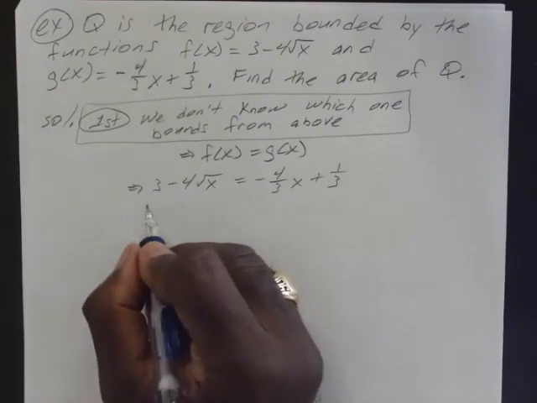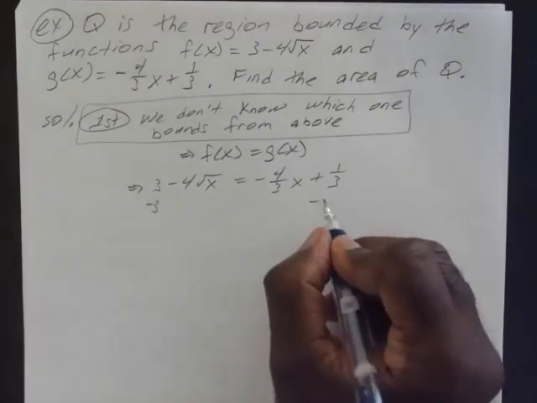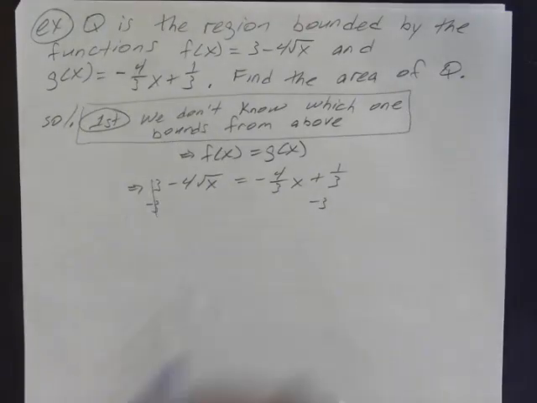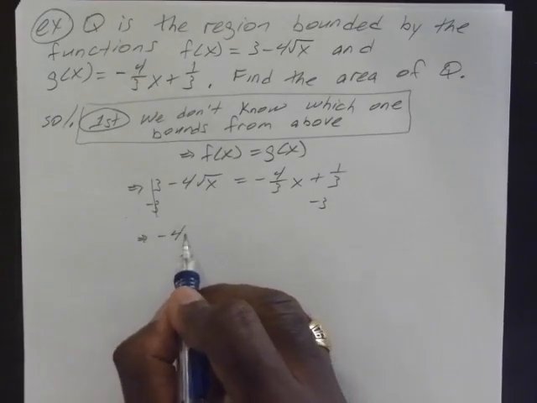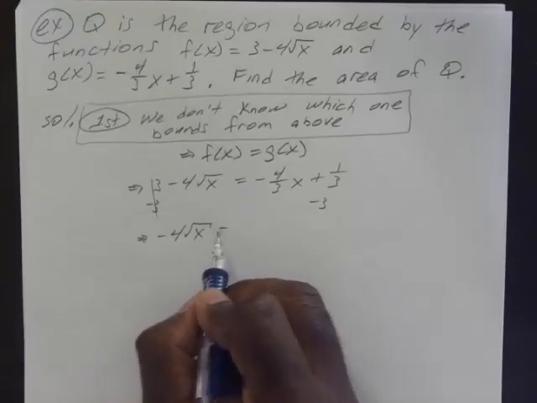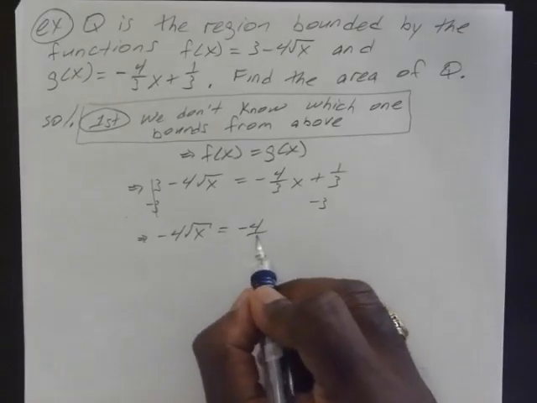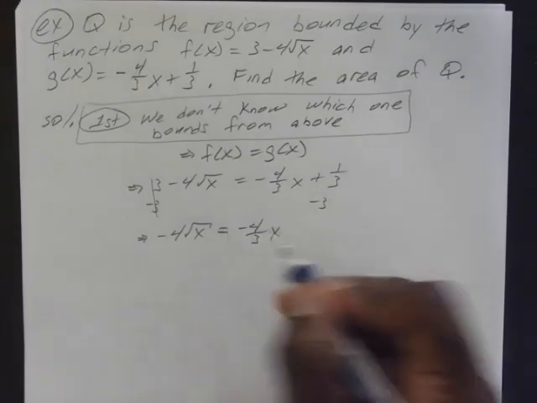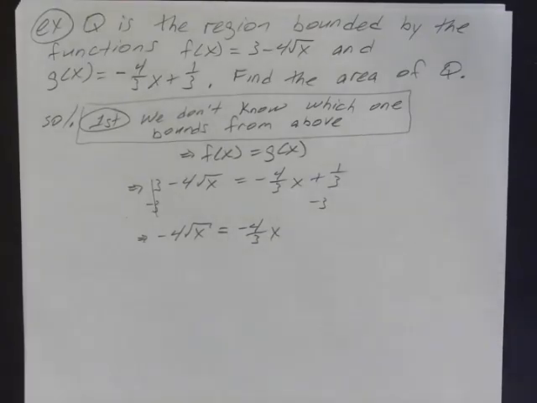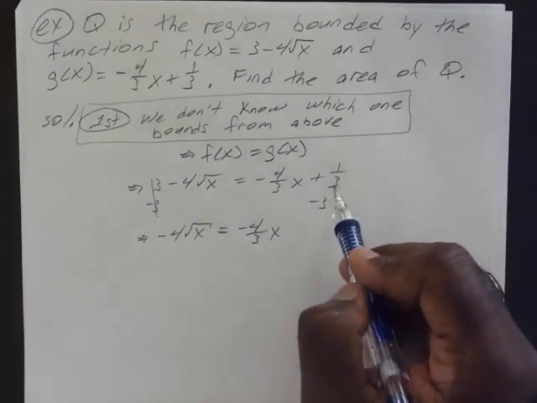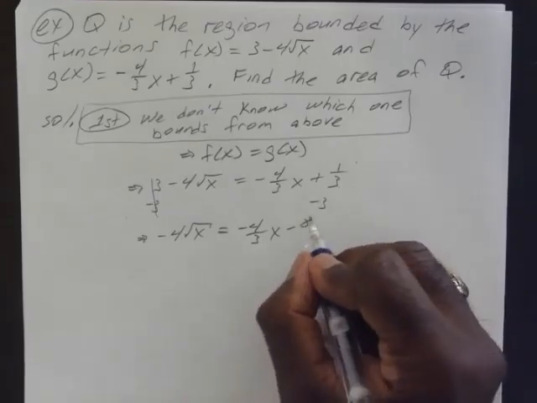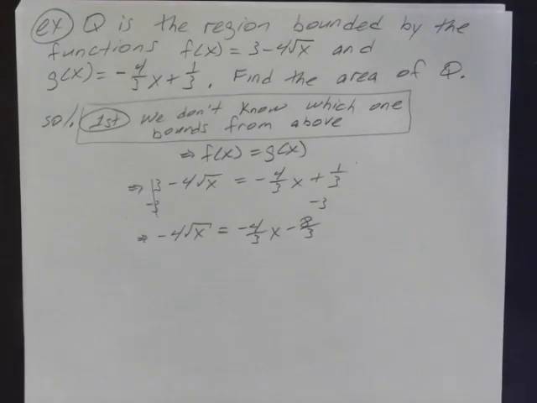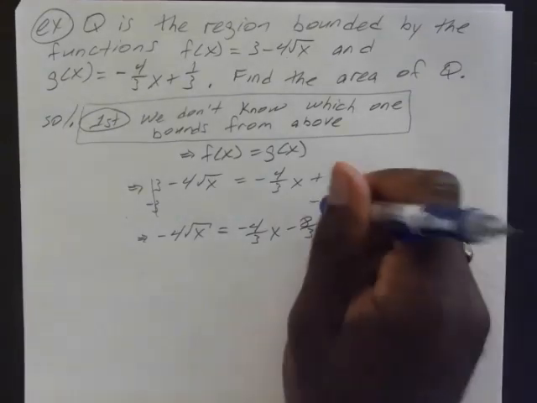Okay, so we can go ahead and just subtract 3 from both sides. So we have negative 4 square root of x is equal to negative 4/3 x. You have 1/3 minus 3, which is negative, well, you might as well say 1/3 minus 9/3, which is negative 8/3. Move that negative 3 up a little bit.